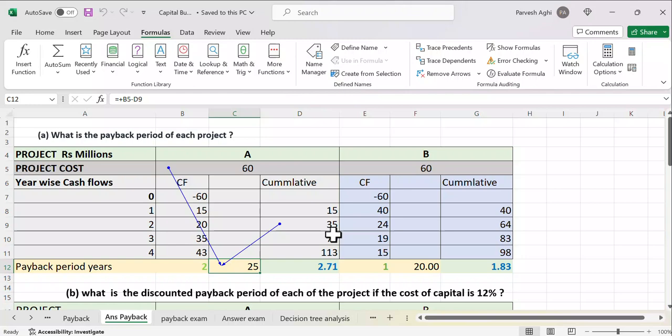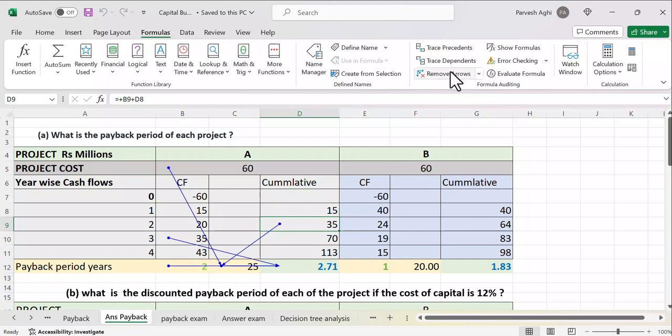Okay. Now what you do is you divide this 25. Formula: you have C12, which is this number. Here this is 35.